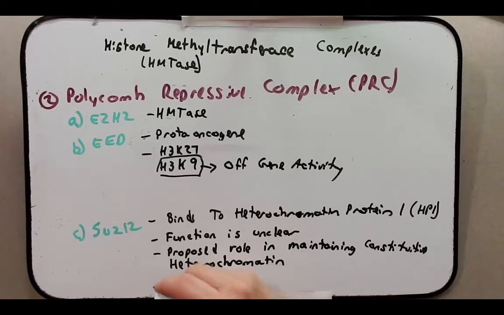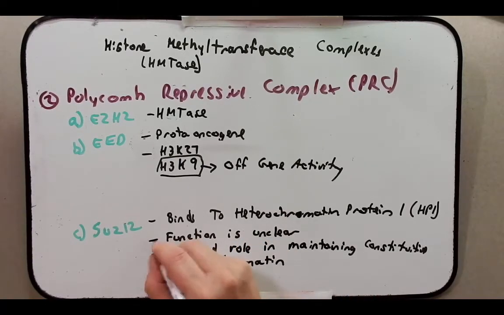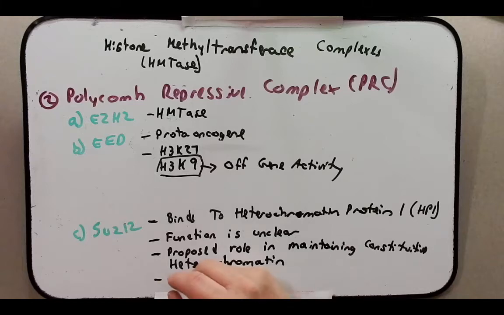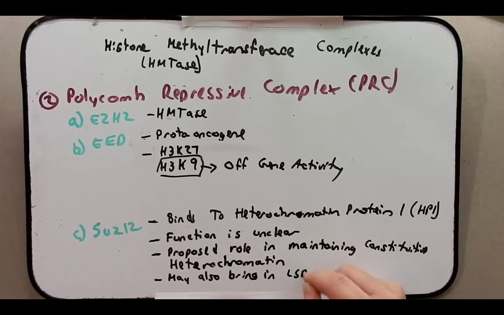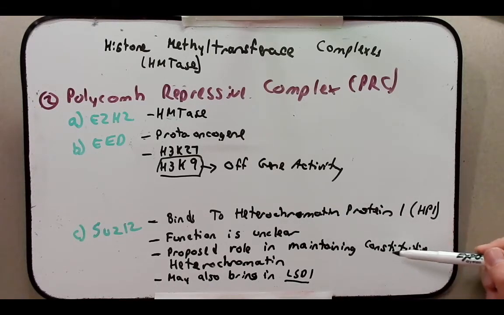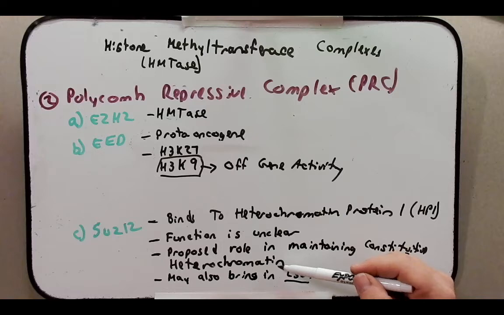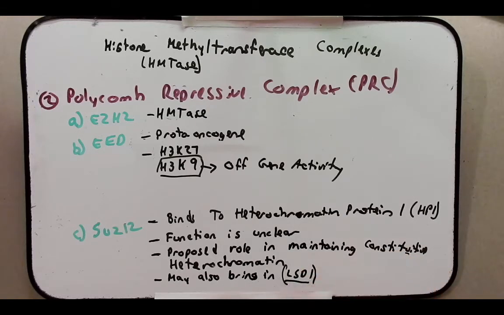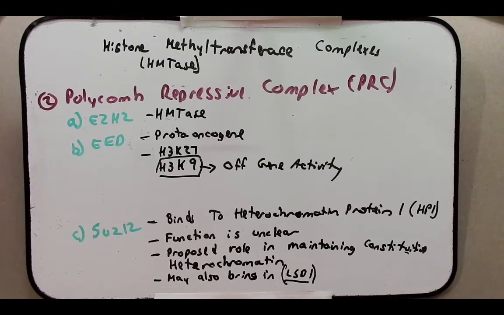Interestingly, just to make sure we keep the score equal here, it may also bring into these same sites LSD1. And remember, LSD1 is a demethylase. So it's possible that SUZ12 here functions in maintaining the constitutive heterochromatin state, but when triggered to do so, can disassemble the heterochromatin. For now, that's all I'm going to say about the histone methyltransferases.